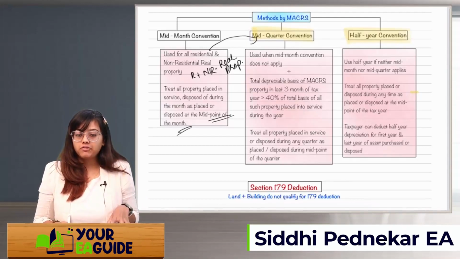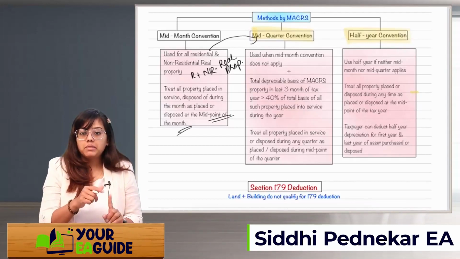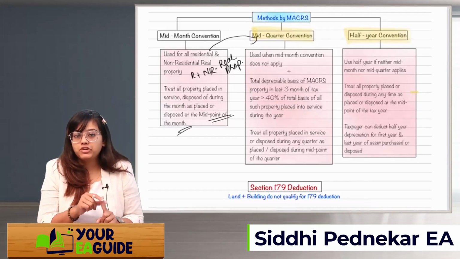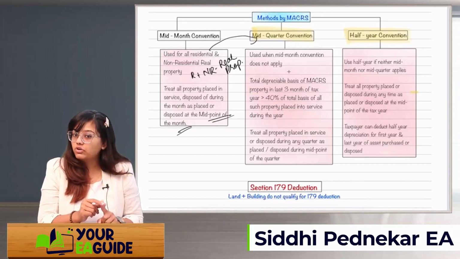For example, during the year I have placed 5 properties in service. Now I want to know property A will be depreciated as per which method, which convention, whether it falls under the mid-quarter or not. I'll see whether it's a real property or not. No, it's not a real property.